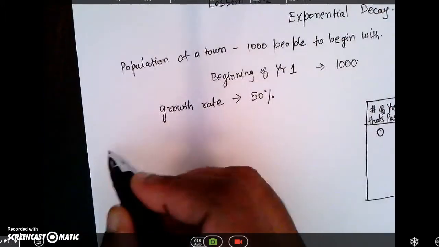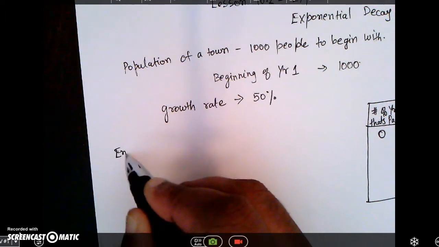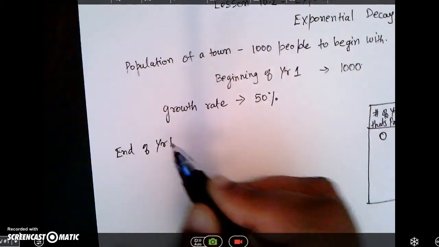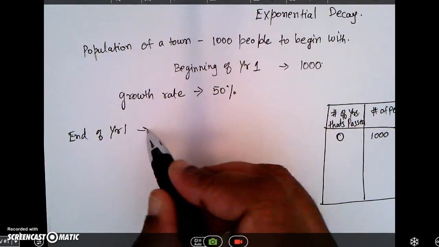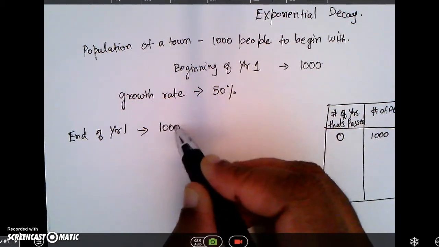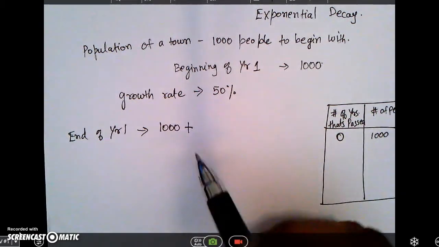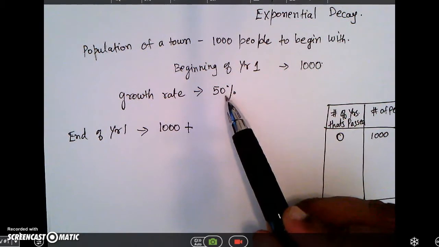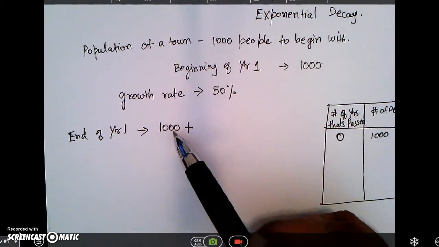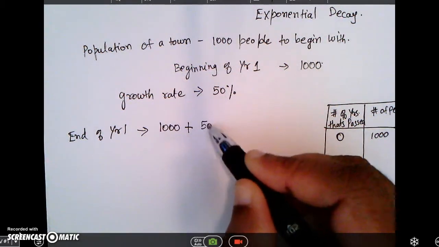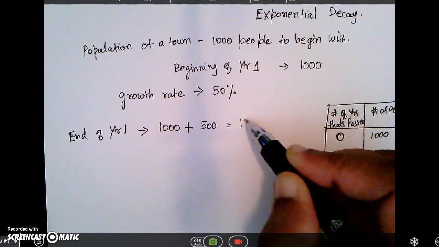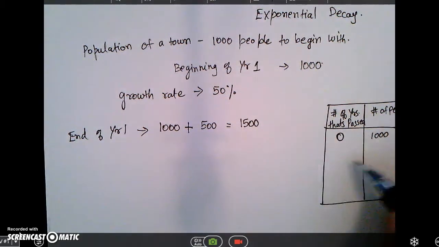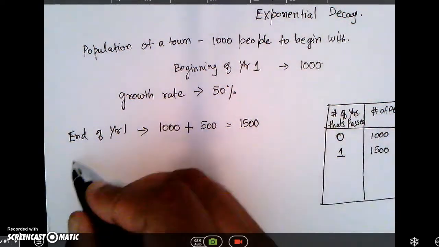At the end of year 1, I started with 1,000 people and I'm adding 50% of what I had. 50% of 1,000 is 500, so I added 500 more people. I ended up with 1,500 people at the end of the first year.